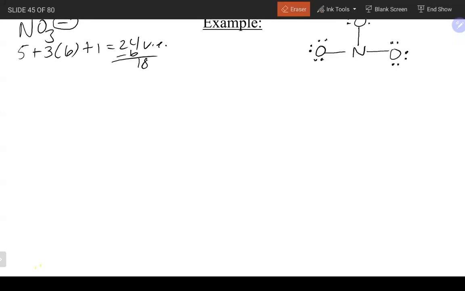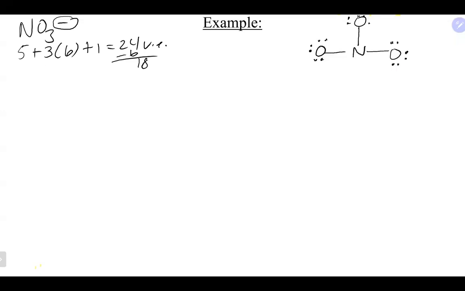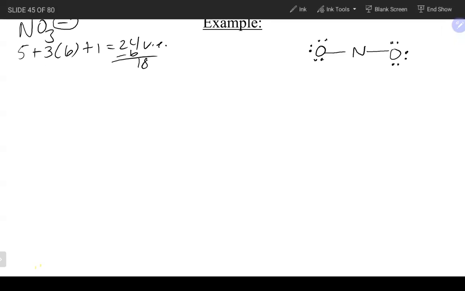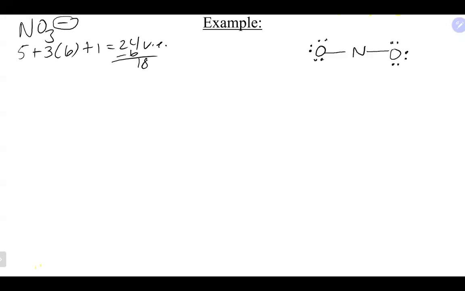I'll draw that a little bit better so it's easier to see. I'll make it a little bit shorter. There you go. All right, at this point, I believe I have placed 24 electrons. That's my end here. Is everybody okay in this case?